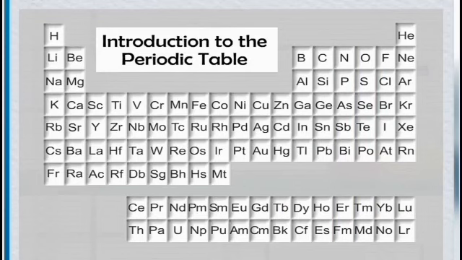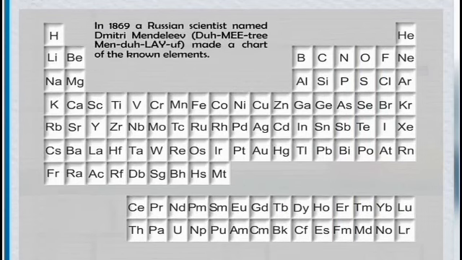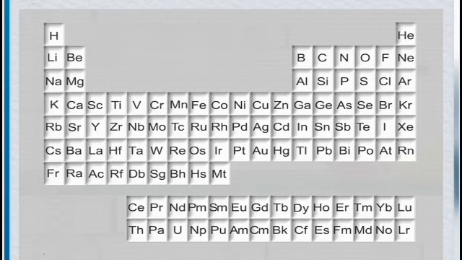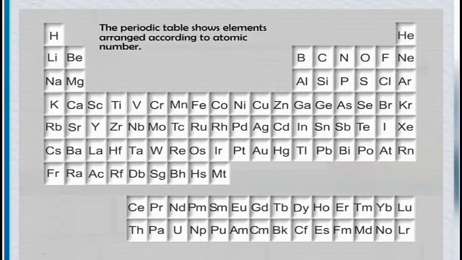Introduction to the periodic table. In 1869, a Russian scientist named Dmitry Mendeleev made a chart of the known elements. The chart is called the periodic table of elements. The periodic table shows elements arranged according to atomic number.